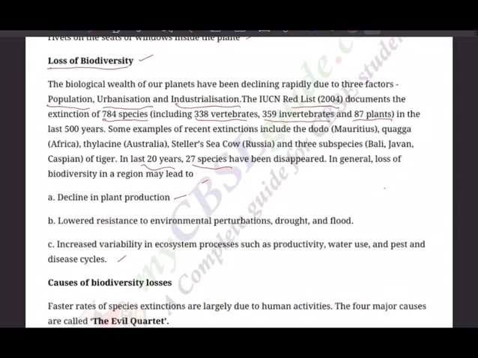The most serious aspect of the loss of biodiversity is the extinction of species. Extinction is of 3 types: natural extinction, mass extinction, anthropogenic extinction. Natural or background extinction is a slow process of replacement of existing species with better adapted species due to alternate evolution, changes in environmental conditions, predators, and diseases.